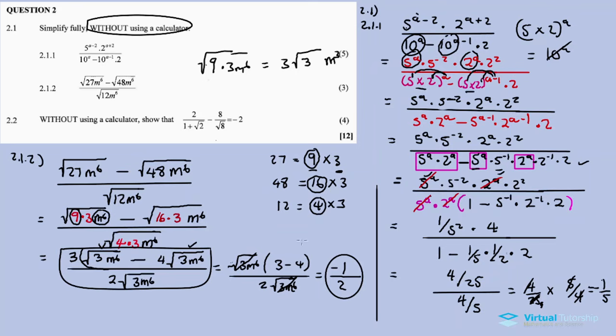So eventually you get 3 minus 4 over 2, and then the answer will be minus 1 over 2. So 2.1.2 ends here, the answer is minus 1 over 2.